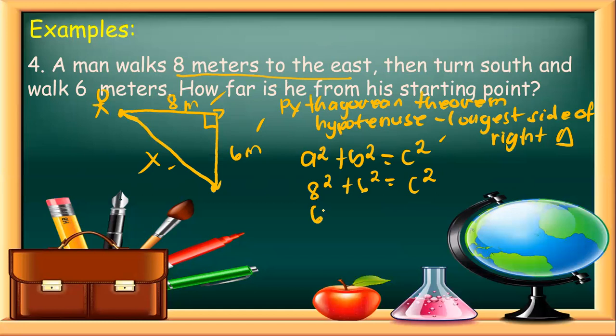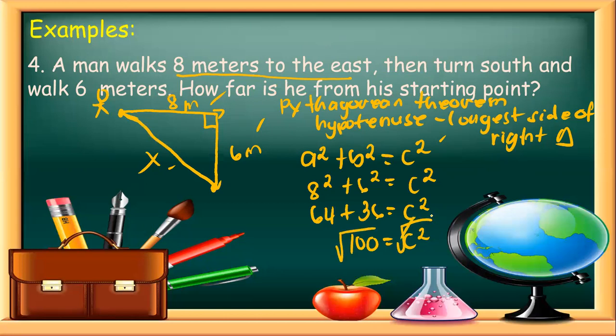Square of 8 is 64. And square of 6 is 36. Then c squared. And add 64 and 36, that is 100 equals c squared. Applying the rule that I discussed a while ago, to remove the square, the counterpart of square is square root.